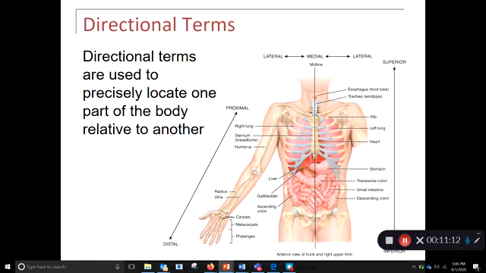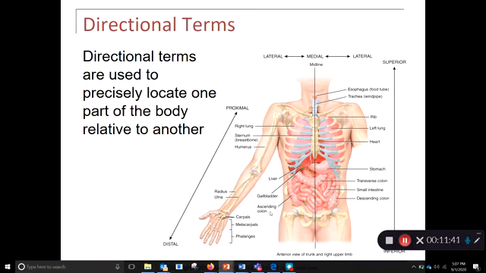Ipsilateral, contralateral. Remember that lateral is referring to a side. Ipsi means same. So it's the same side you're saying. Things are on the same side. So if you're saying there are lacerations on the limbs on the same side, then you're saying that these lacerations are ipsilateral.